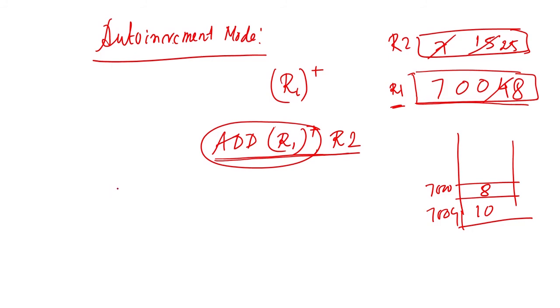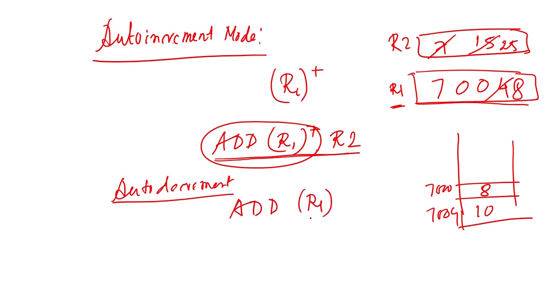Similarly, there is called auto decrement. So, it will decrement the value by 4 to distinguish from earlier. So, it is written that add minus R1, R2.